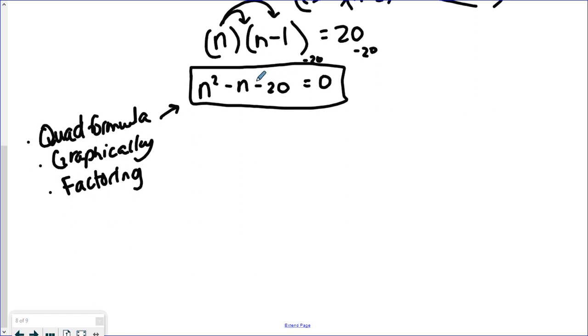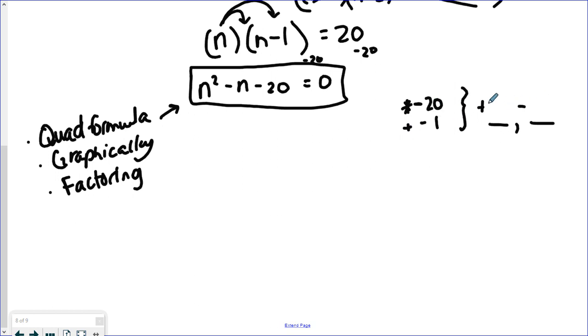So looking for two numbers that multiply to negative 20 and add to negative 1. If they multiply to a negative, that means one needs to be positive and one needs to be negative. And since it adds to a negative, the bigger number needs to be negative.